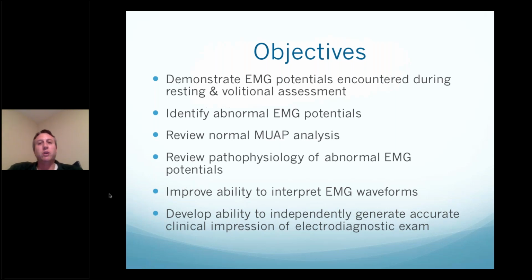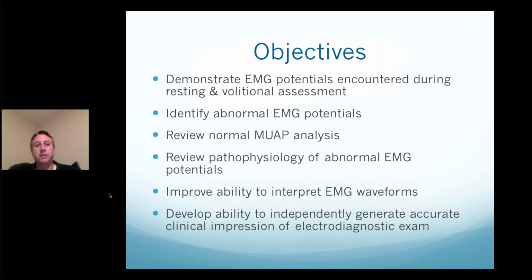But basically what we're going to talk about is, as I mentioned in the email, one of the hardest things that I found when I was starting to learn how to do EMGs was to recognize what abnormal potentials look like and how to judge that, because it's difficult to practice on something abnormal unless you actually see it.